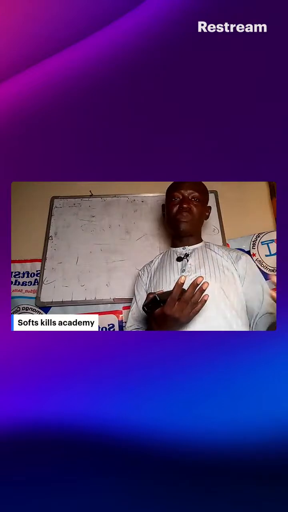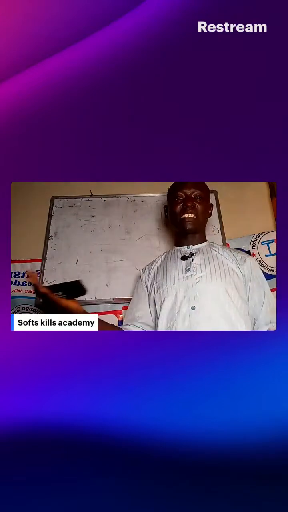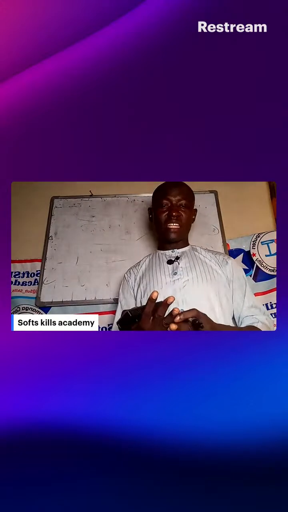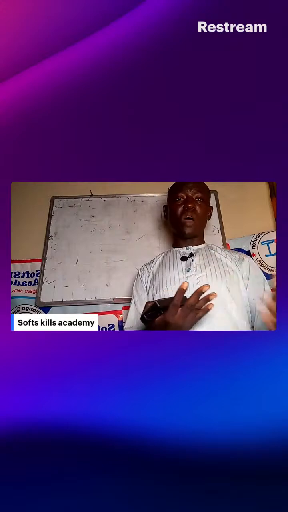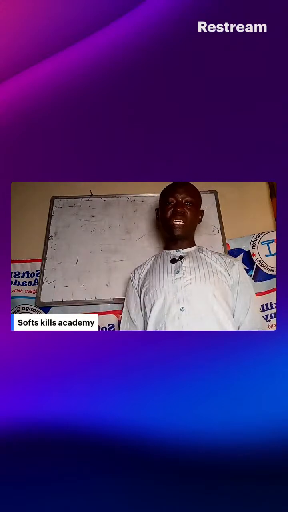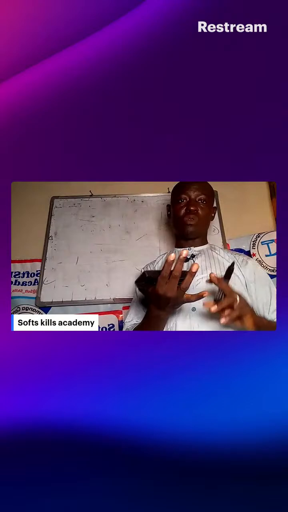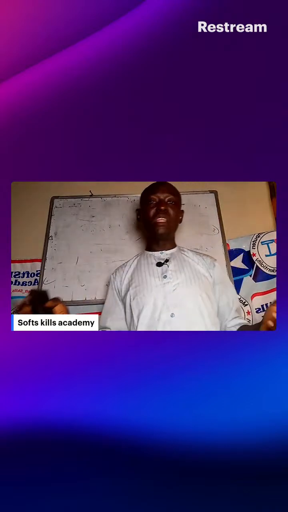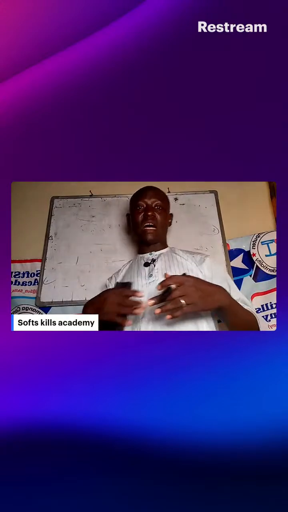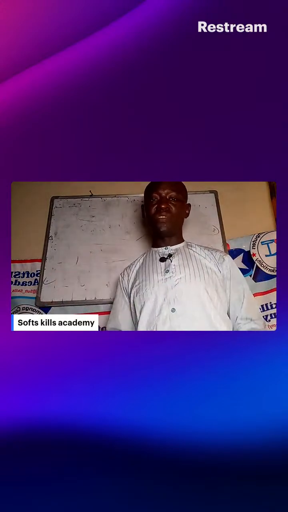We have one-to-many relationship where a student can take many courses within the department, right? And we also have many-to-one relationship where many students can take lectures from one lecturer, and we have many-to-many relationship where many lecturers can take many students in a given course.